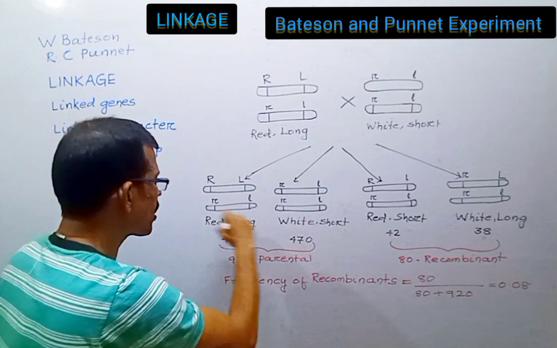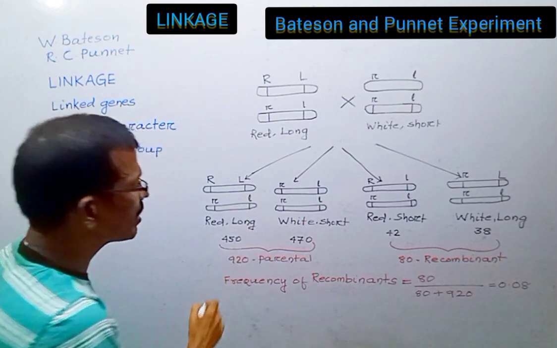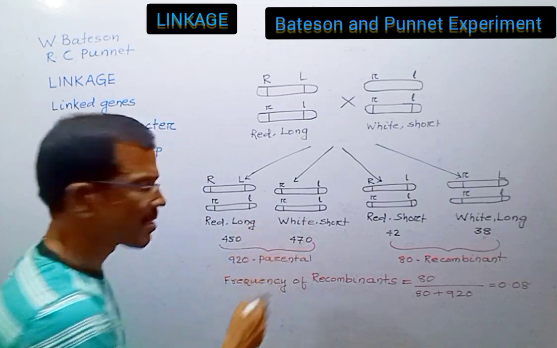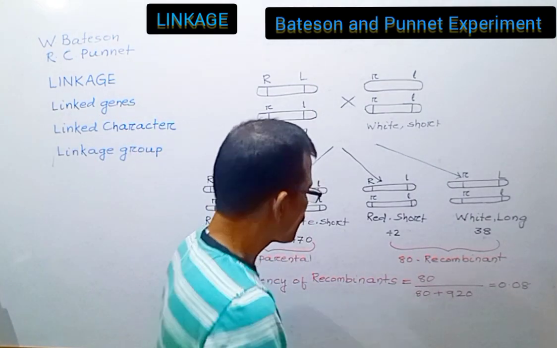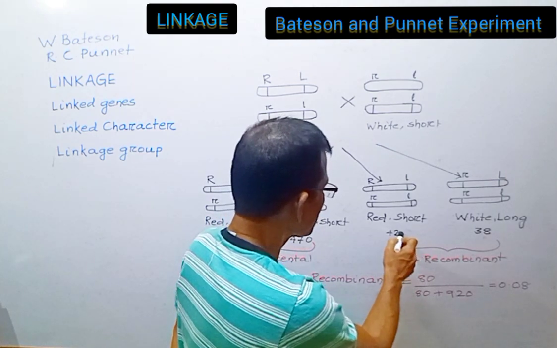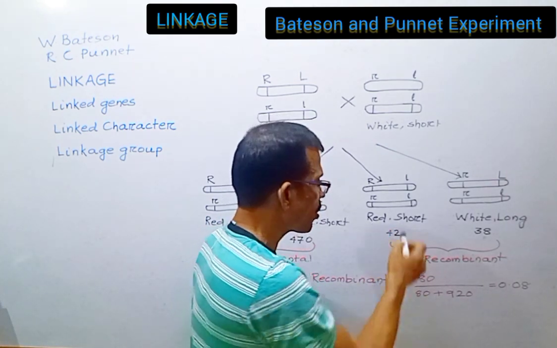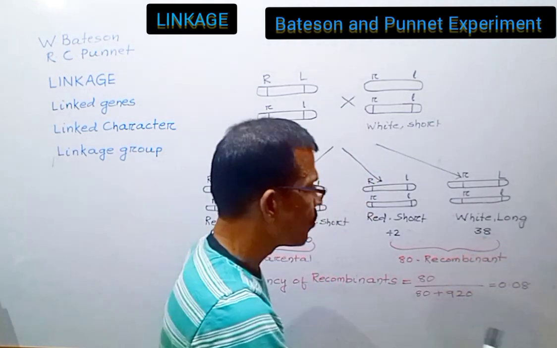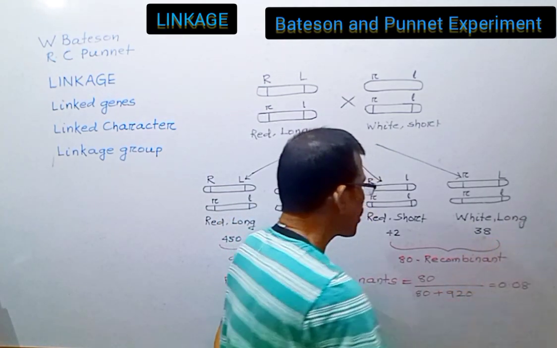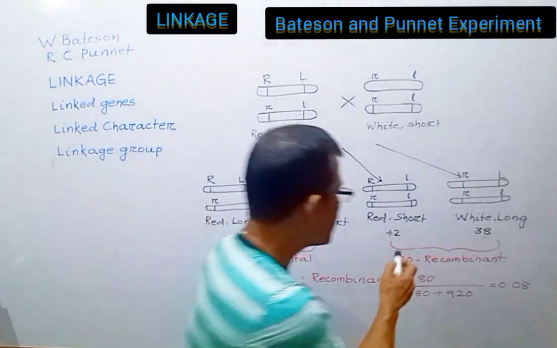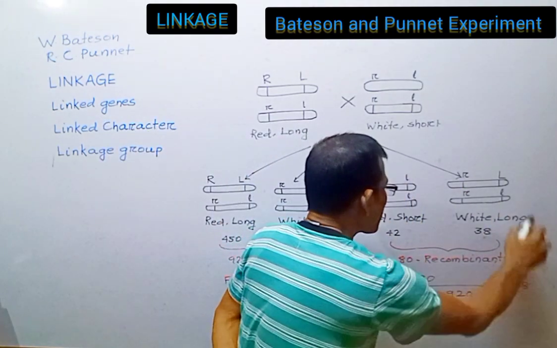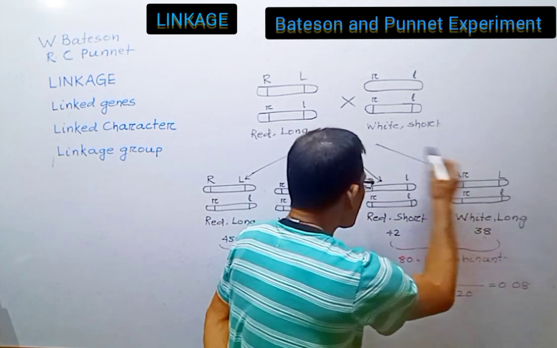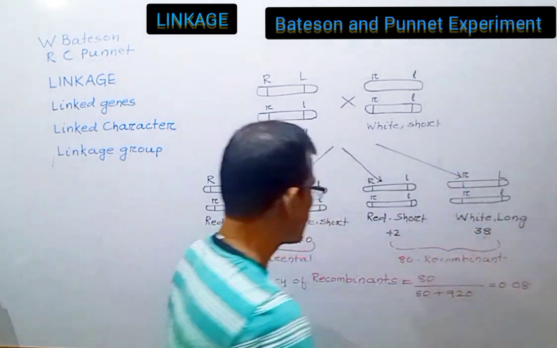Together, these 920 plants had the parental combination of characters. The remaining 42 plants had red flowers with short pollen grains, whereas 38 plants had white flowers with long pollen grains. Together, 80 plants had a non-parental combination of characters. These 80 plants were recombinants.